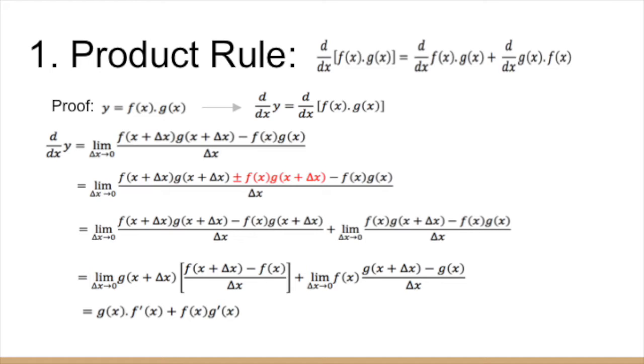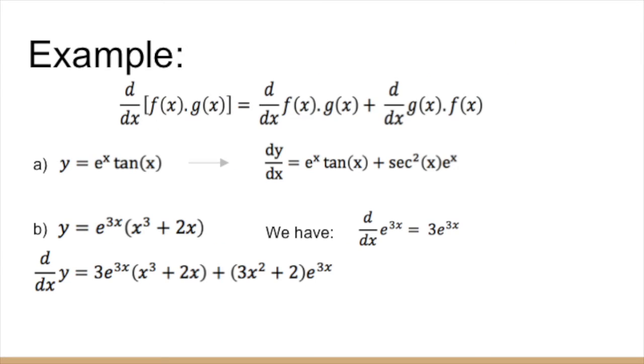Lastly, we take the limit of delta x as it tends to 0 to get the derivative of y equals g of x times the derivative of f of x plus f of x times the derivative of g of x. An example of the product rule.